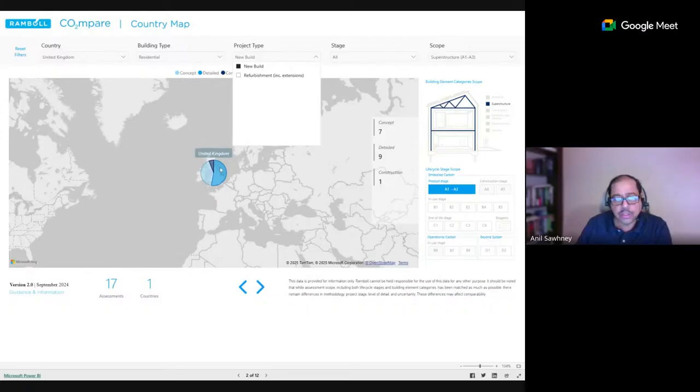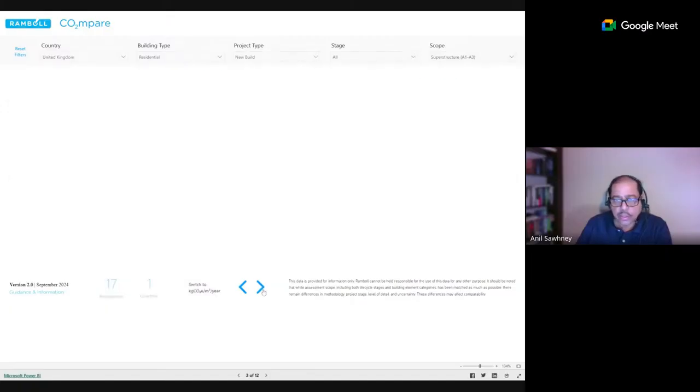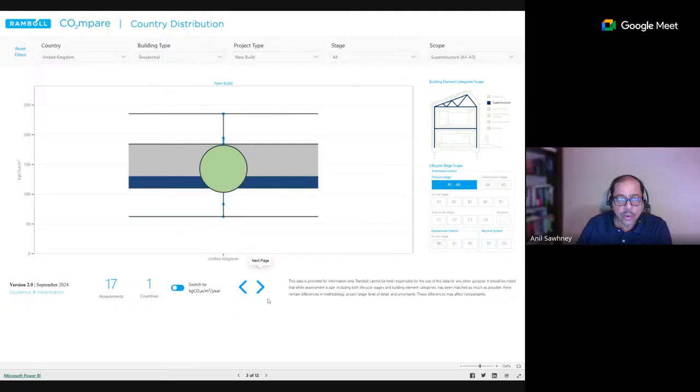So you can go and see the kilograms of carbon dioxide equivalent, the spread in those 17 assessments. It's not a whole lot, but you can see, and they're only publishing A1 to A3. There's no other information published.